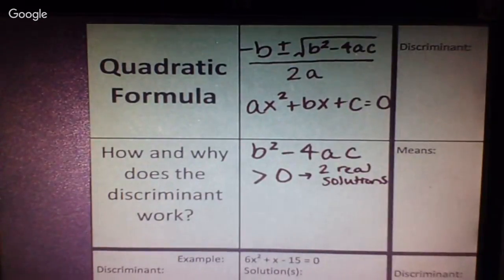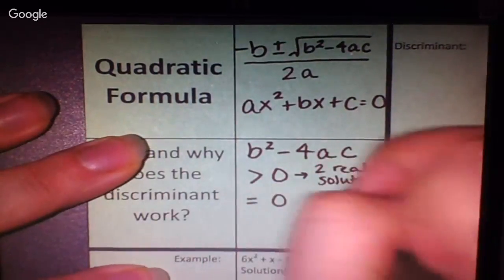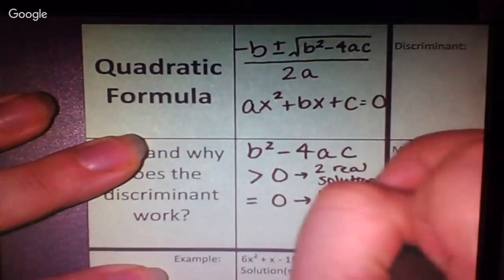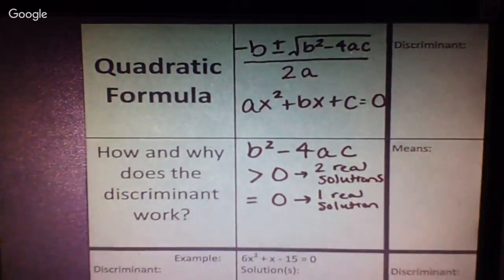It doesn't tell you where, but it tells you that it will cross twice. If you end up with it equaling 0, you have 1 real solution, which means your graph only crosses the x-axis once.